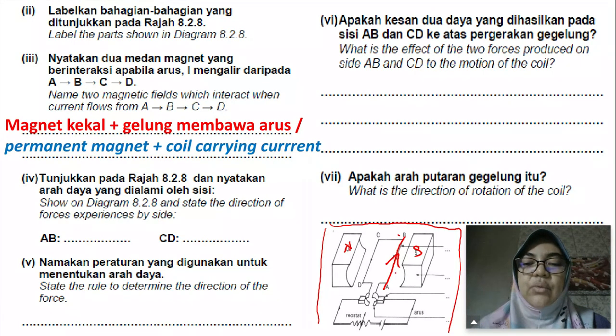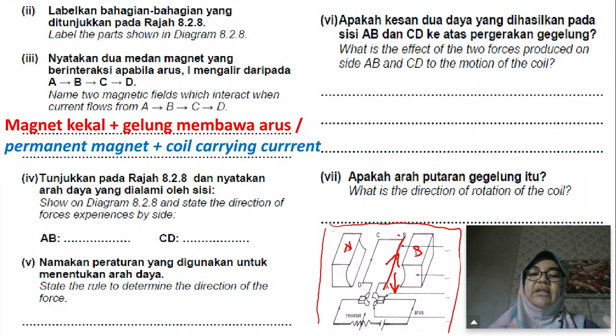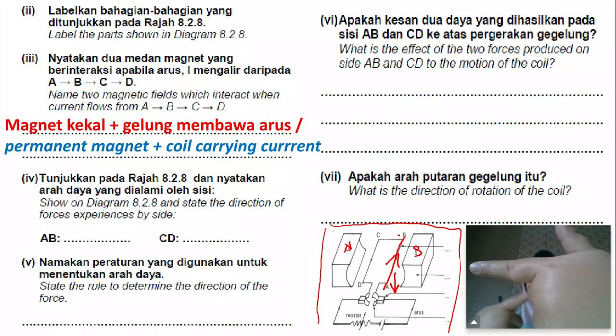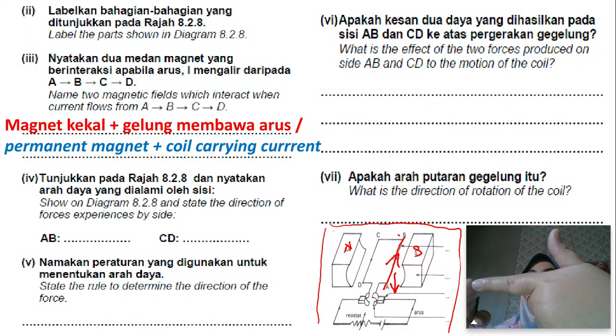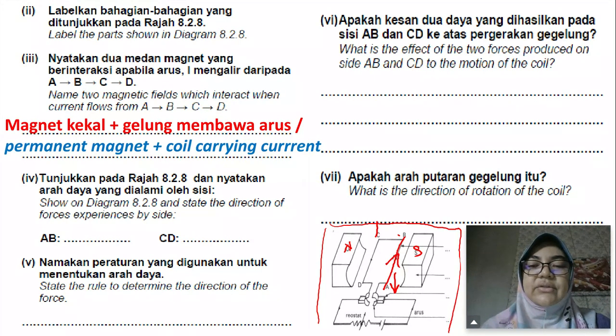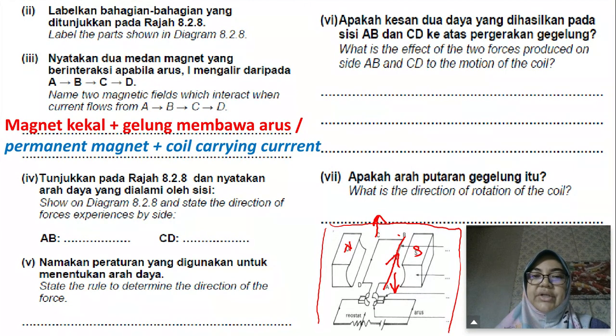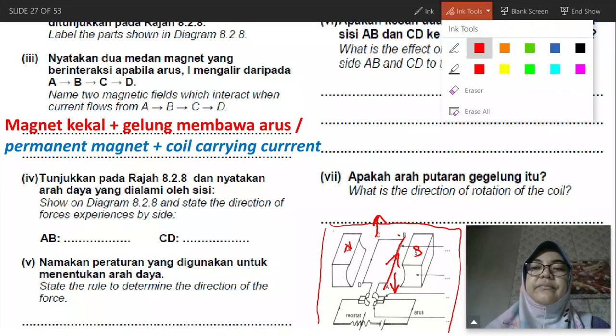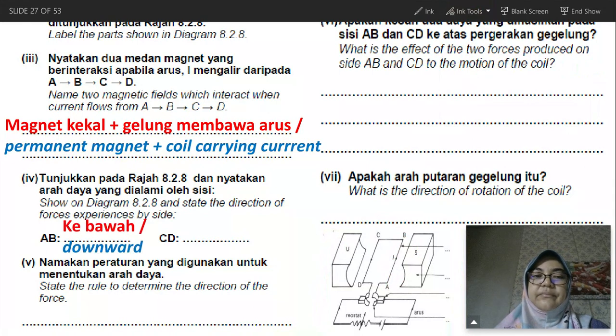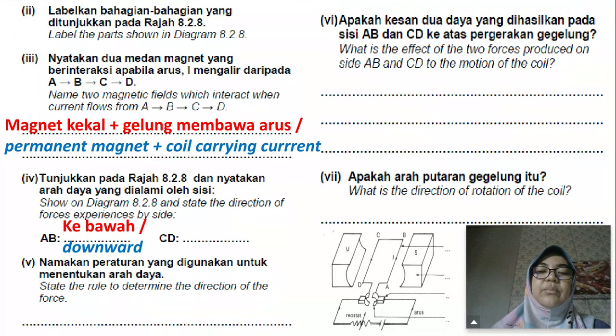So AB will be pushed downward. Okay, and CD, the current is pointing towards me. And then our index finger is toward S and our force is upward. So DC will go upward. Okay, so AB will move downward and CD will move upward.